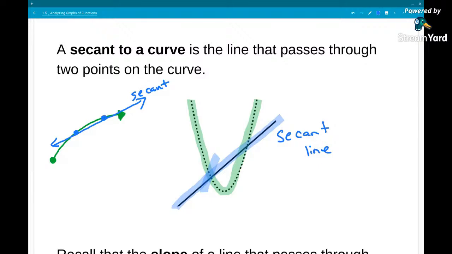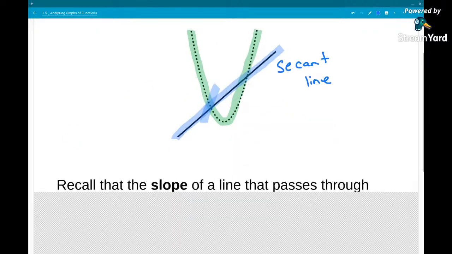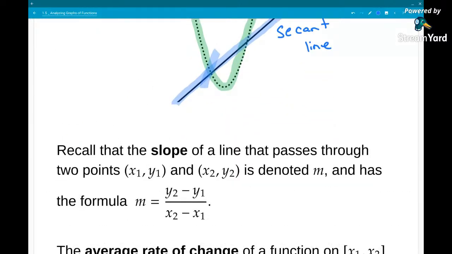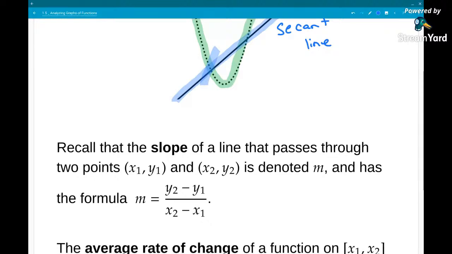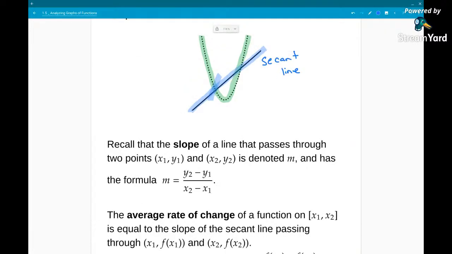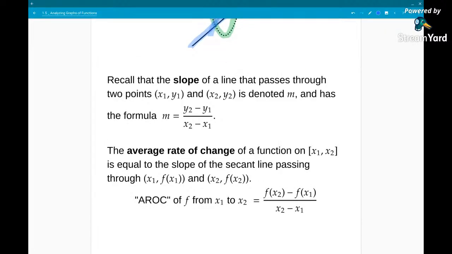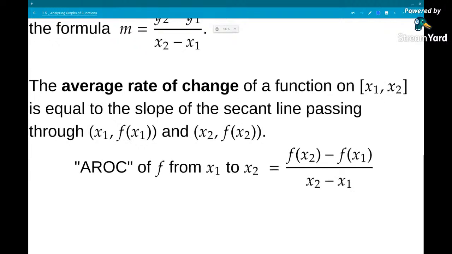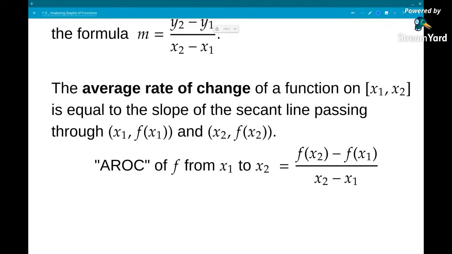All right, so that's what a secant line is. Recall that the slope of a line that passes through 2 points is found by the formula y2 minus y1 divided by the quantity x2 minus x1. That middle fact, you should remember yourself. If not, there it is.